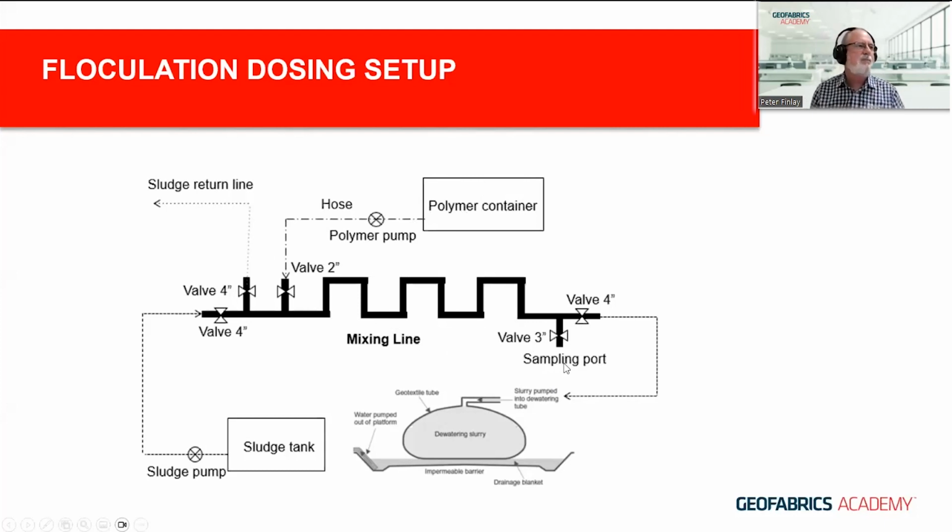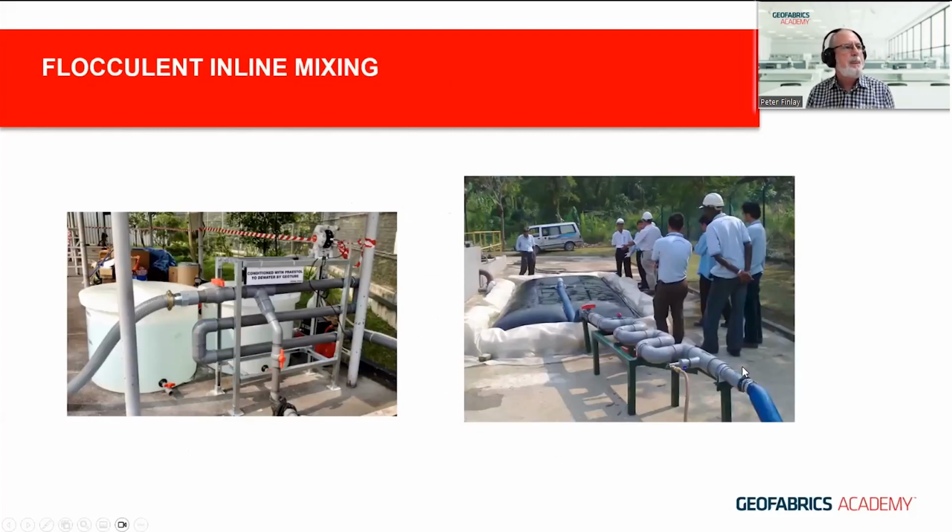That's where you take a sample off and you have a look and you see how well you're getting that mixing and the flocculation of the solids, and then through into the geotube. So little mixing units, you can go right up to very, very big, sort of 8-10 inch in big projects. Sometimes if you're pumping 200 or 300 meters to the geotube, then there's enough mixing within the pipe itself.